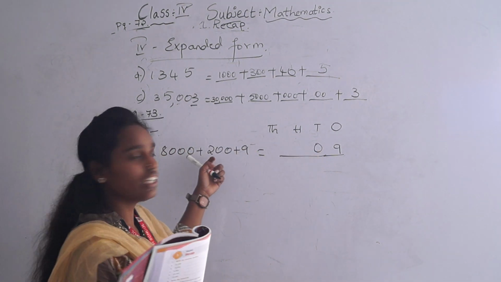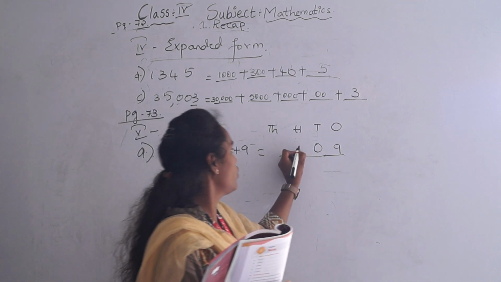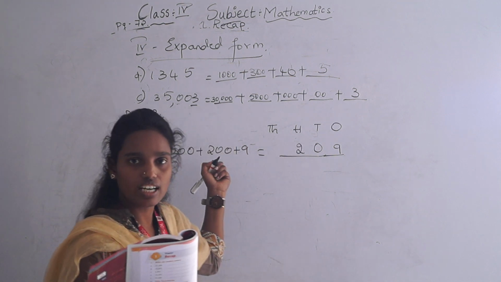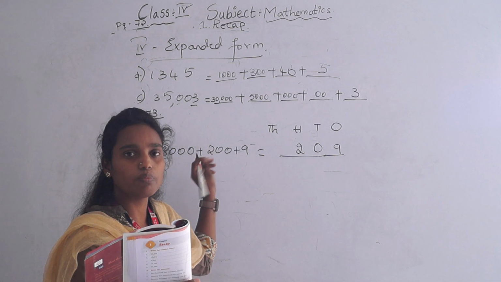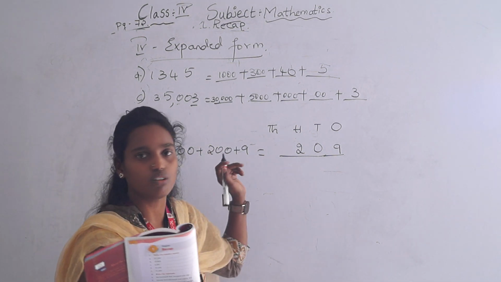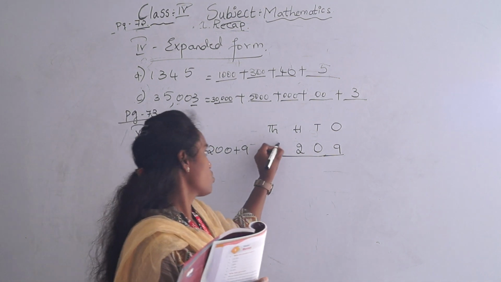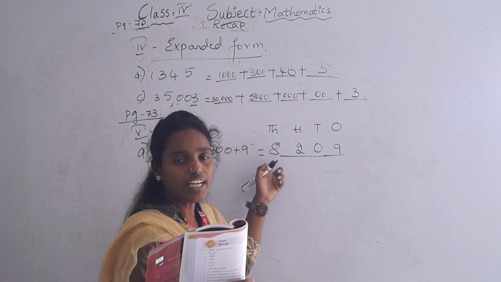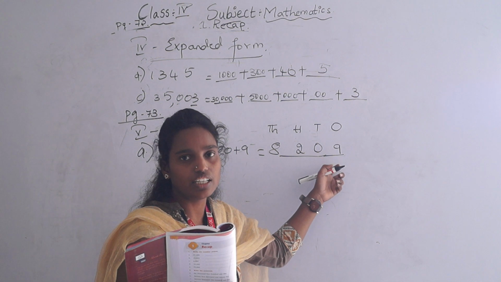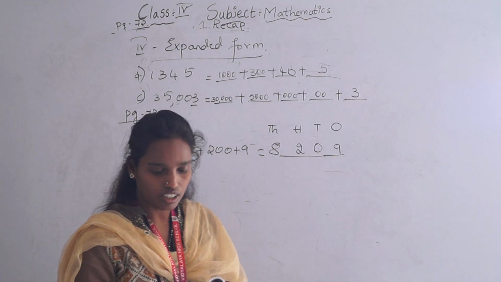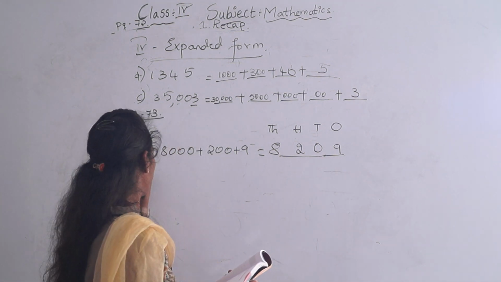And in hundreds, it is 200. So we will write only 2 because it's the hundreds place. We don't mention the place value. We will take only the face value. And next in the thousands place, what is the number? 8. So our number is 8209. Got it, children?